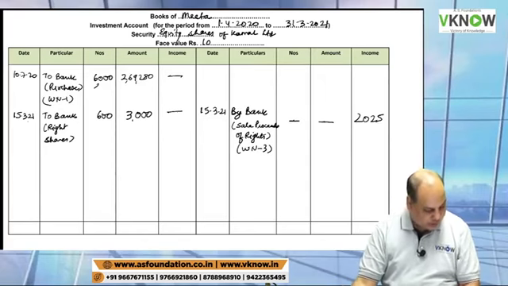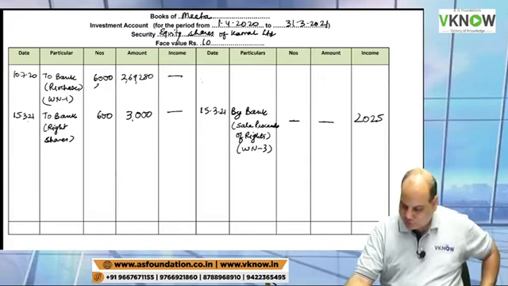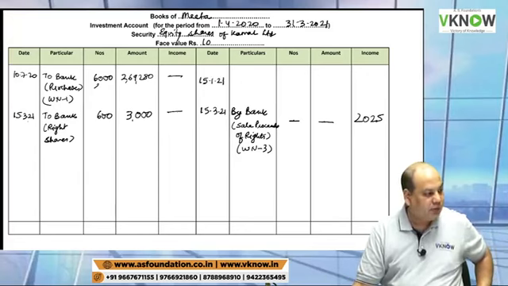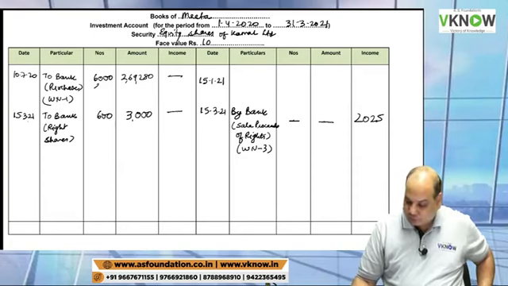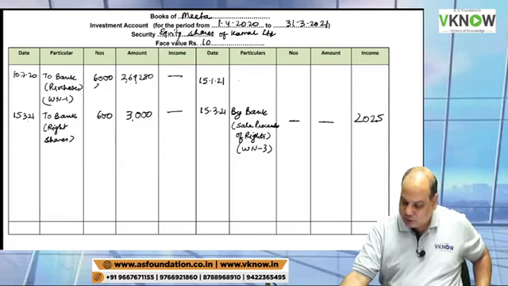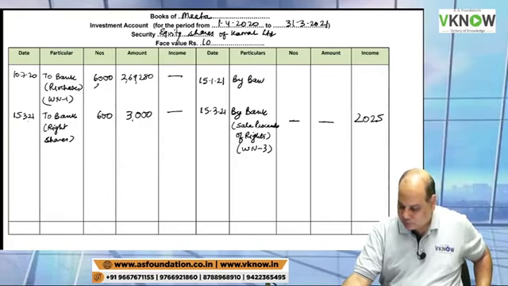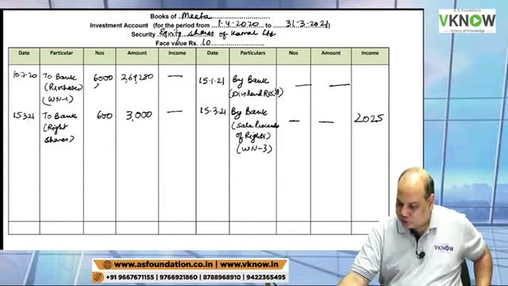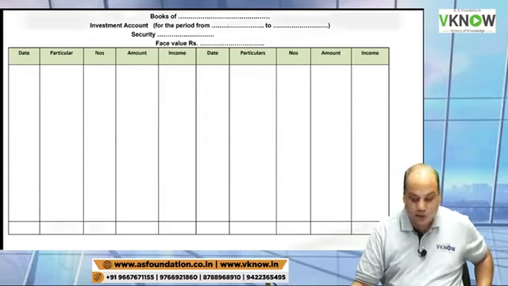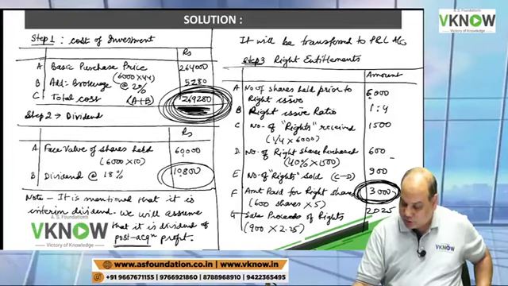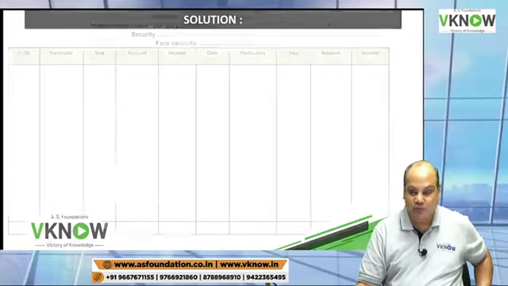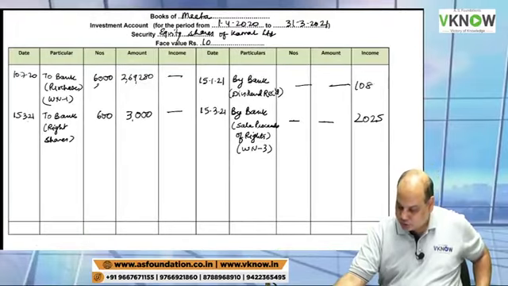But before that, there is a dividend also, which is before March, 15 January 21. 15 January, by bank, dividend received in the income column. In the income column, there is working note 2 on the screen left side, 10,800. Can you see that?